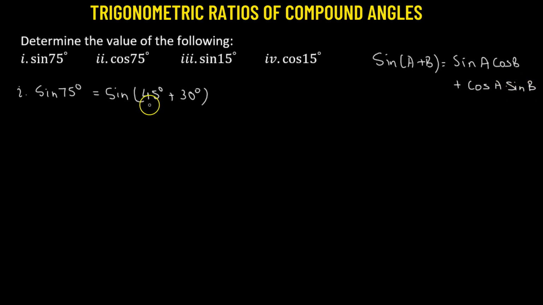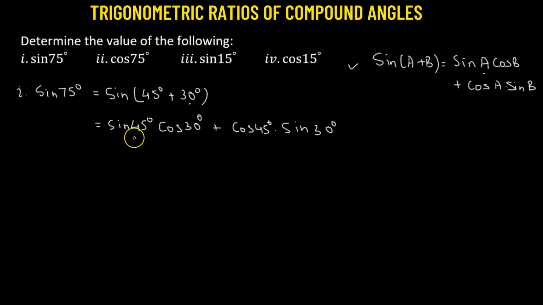So in that case, if we consider 45 degrees to be A and B to be 30 degrees, then using this formula we can expand it to get sine 45 degrees times cosine 30 degrees added to cosine 45 degrees times sine 30 degrees.